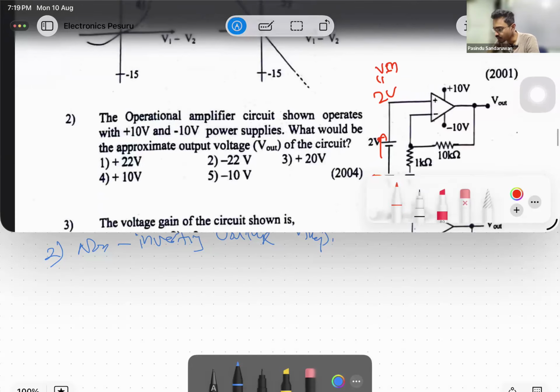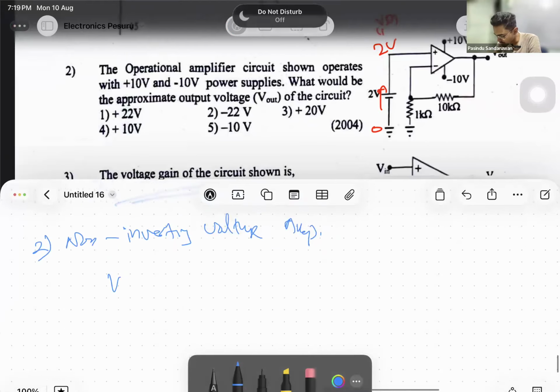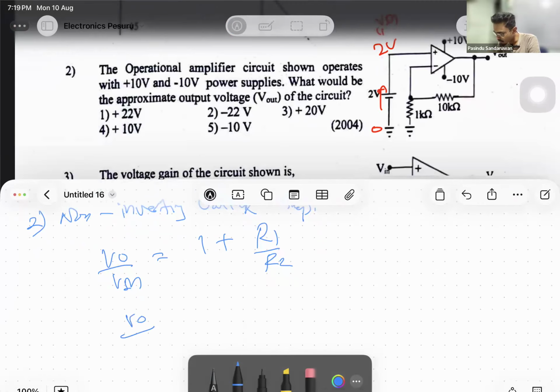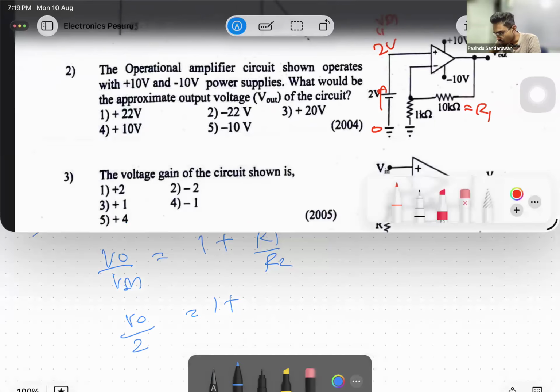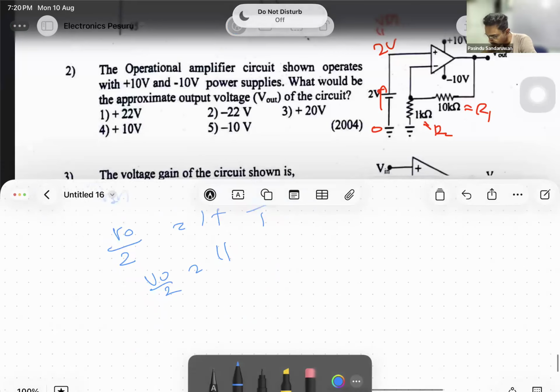The proved equation for the closed loop voltage gain is Vout over Vin equals 1 plus R1 over R2. Just plug in these values. Vout over 2 equals 1 plus 10 over 1, which is 11. So Vout equals 22 volts.